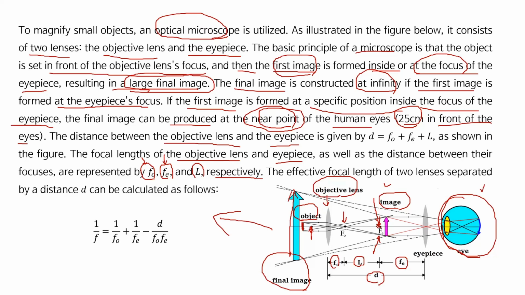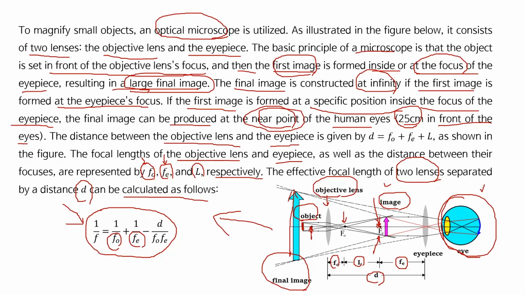The effective focal length of two lenses separated by a distance d can be calculated as follows. We can calculate the effective focal length of two lenses separated by distance d by using this equation. So f_o is the focal length of the objective lens, and f_e is the focal length of the eyepiece.